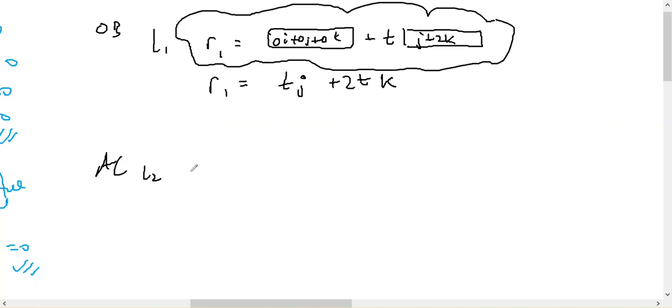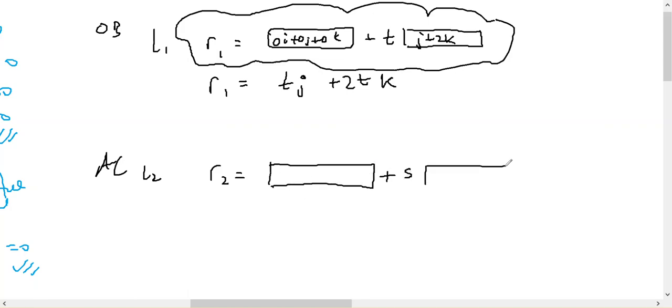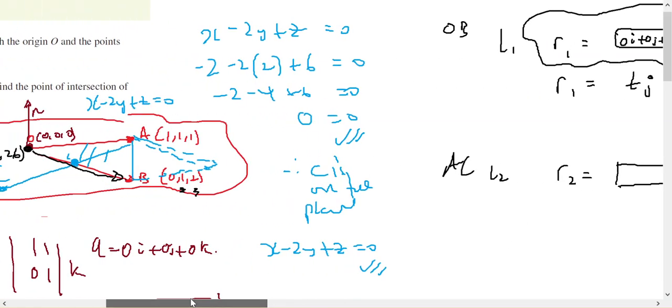If I do the same thing for line 2, R2 will be some point that's on R2 plus S times the direction of R2. Now, I can pick either of these points.